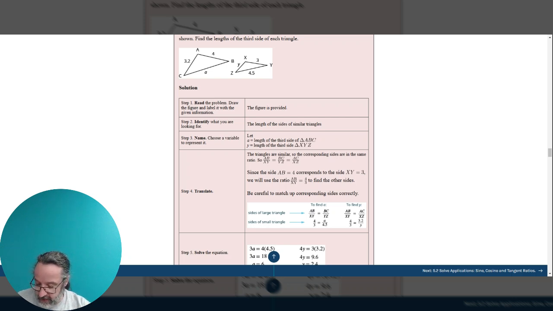Can be my designated calculator, or I can do it here too. So 4 over 3 times 4.5, and I get 6, basically. So we know that A should be equal to 6.